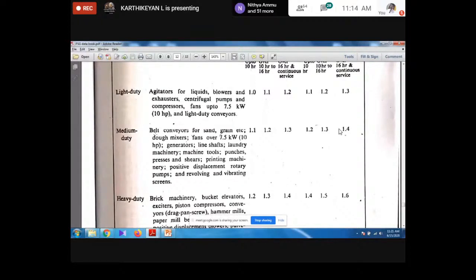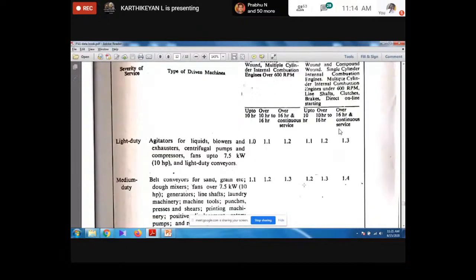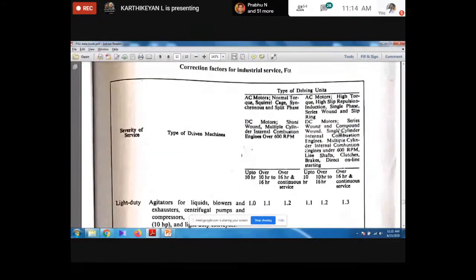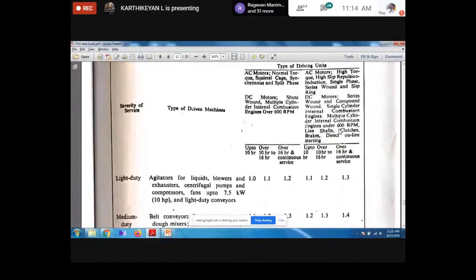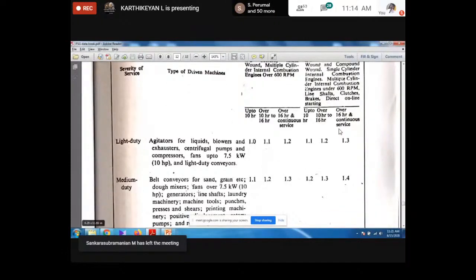The classifications are belt conveyors for sand, grain, etc. Torque application is not given, so I am going with normal torque. This column is normal torque. This column is higher torque value. Each column is subdivided into 3 categories based on the frequency of usage. I am concerned about medium duty.